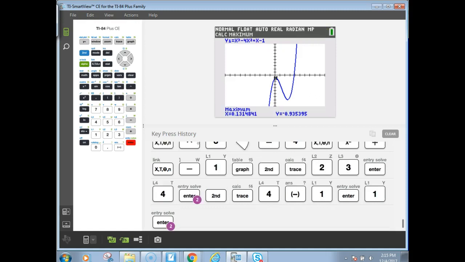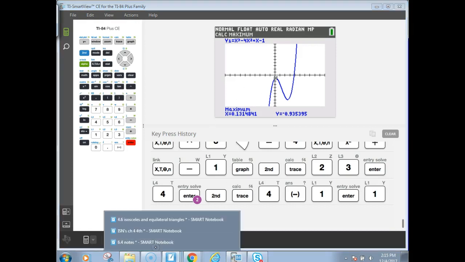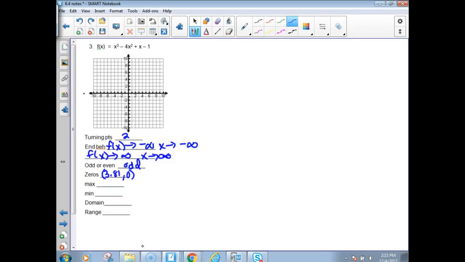Okay, I have it guessed for us, and it says it's at 0.13, negative 0.94. Aren't those special decimals we keep writing down?